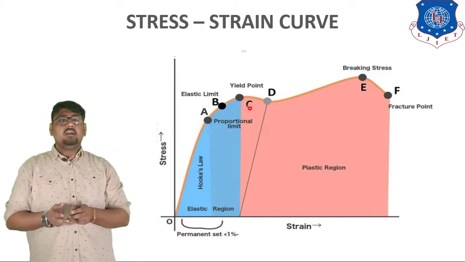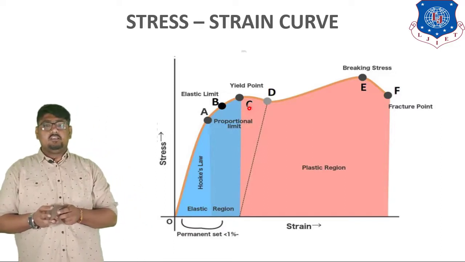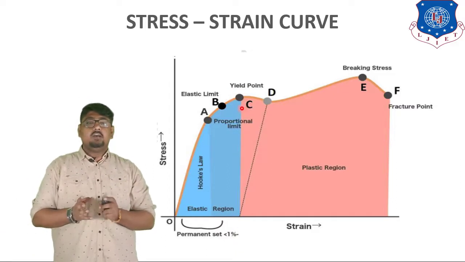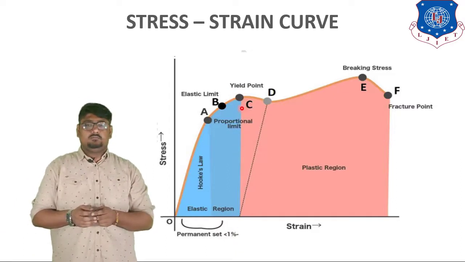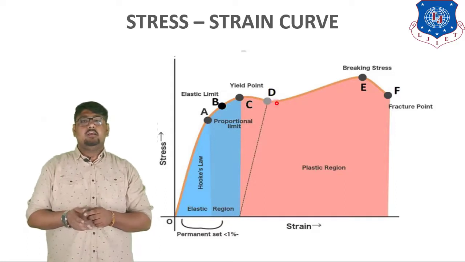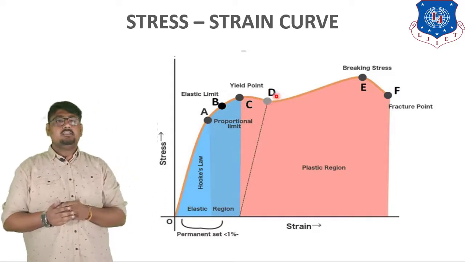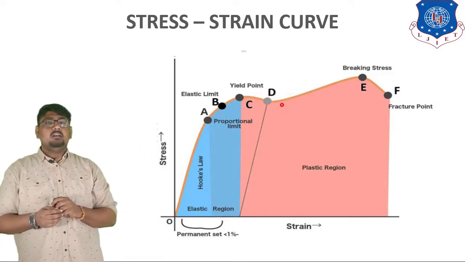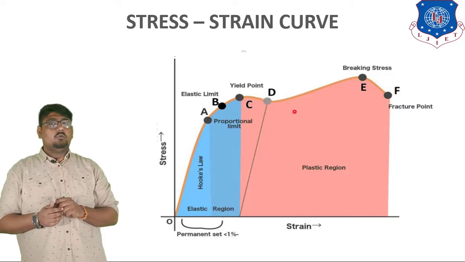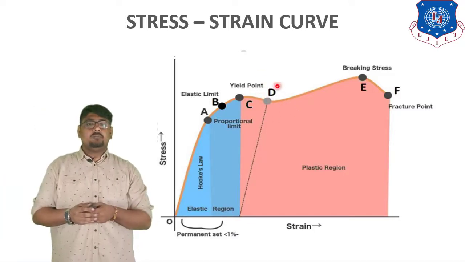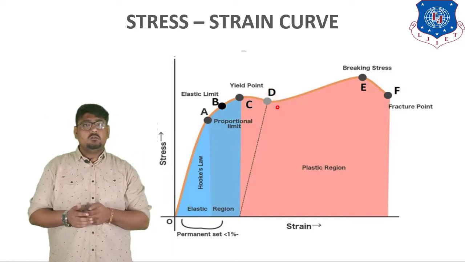Yield stress is defined as that unit stress which will cause an increase in length without increasing the load. Now, the fourth one is the lower yield point. At point D, you can see in the graph, is known as the lower yield point, and after yielding, further stress and strain can be obtained by increasing the load.